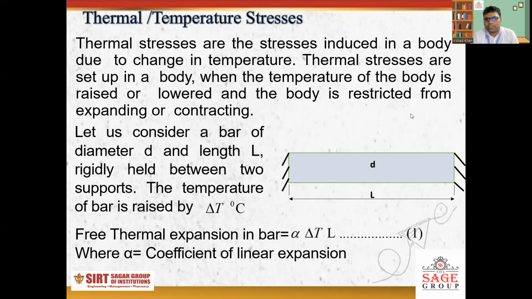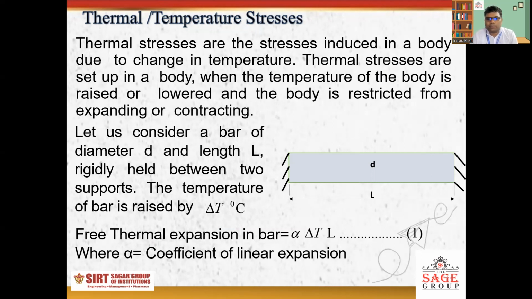Let's discuss in detail. Suppose we have a body of length L and diameter D. Suppose the temperature is raised by delta T degrees centigrade, and both ends of this body are restricted.